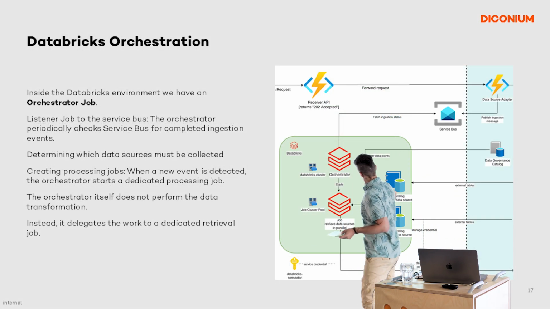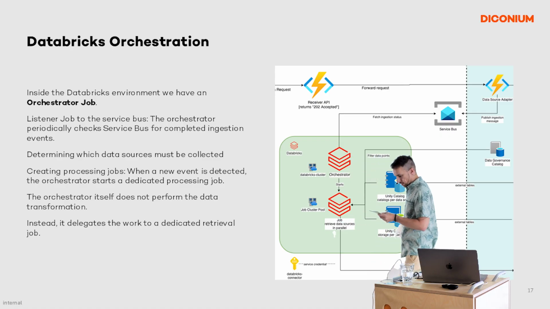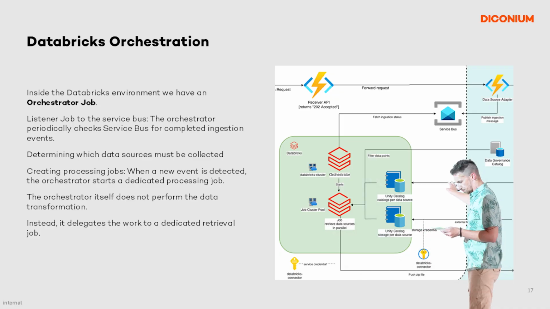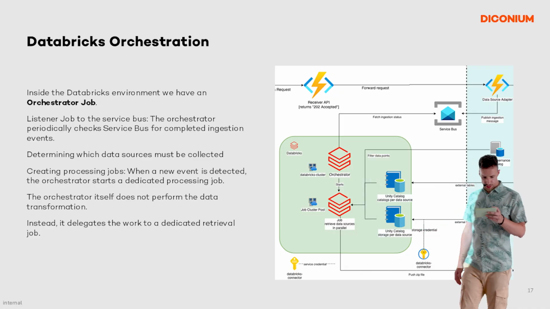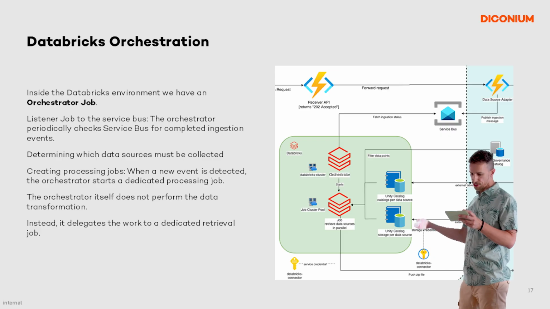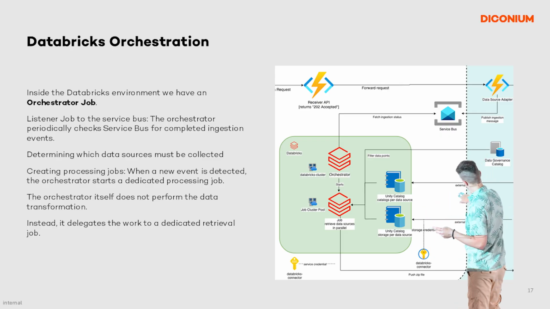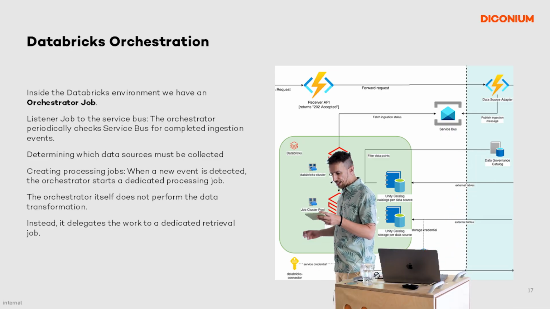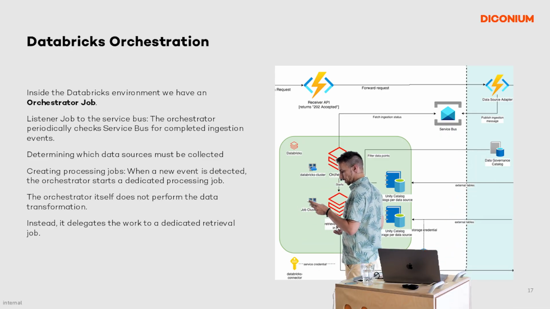So we talked about the surroundings of Jolly Brown, and now let's come to Databricks, which is the center of the solution. So basically there's a job. This one here is the orchestrator with the following responsibilities. It listens to the service bus and checks for completed ingestion messages.